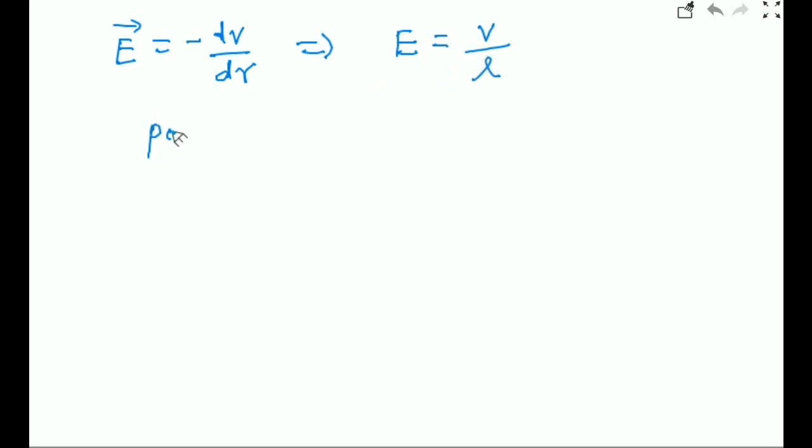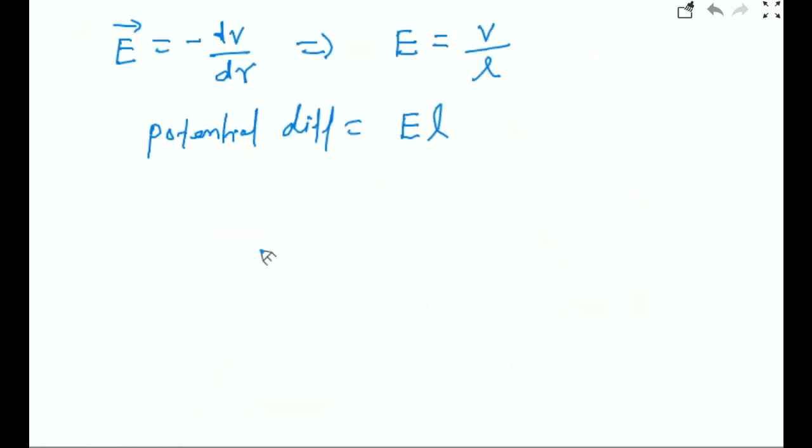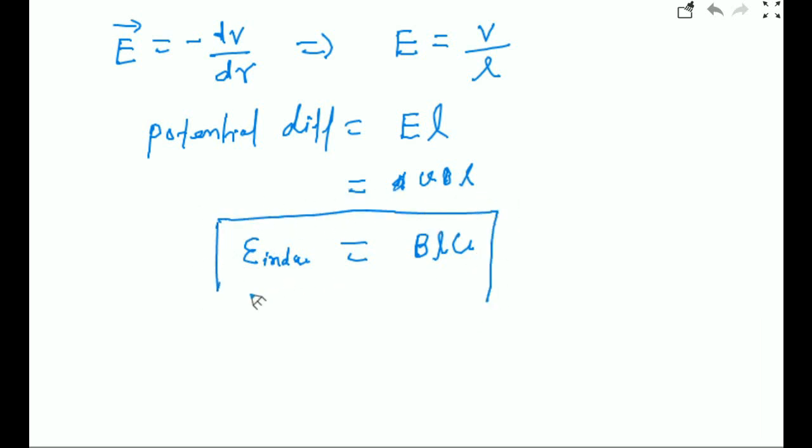So the potential difference will be E into L, and since E equals V into B, the potential difference will be VBL. So the induced EMF is BLV, where V is the velocity.